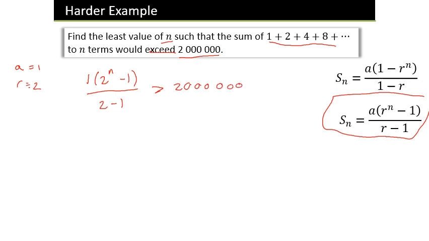After that, let's simplify that left-hand side a bit. Simplifying the left-hand side gives this. I would then add 1 to both sides, so 2 million and 1. Then, because it's 2 to the power of something, we can log both sides.